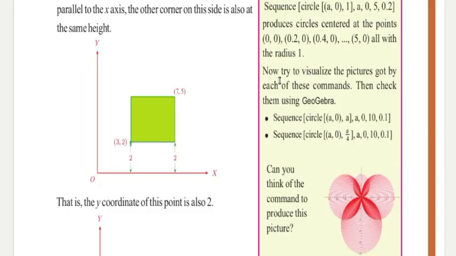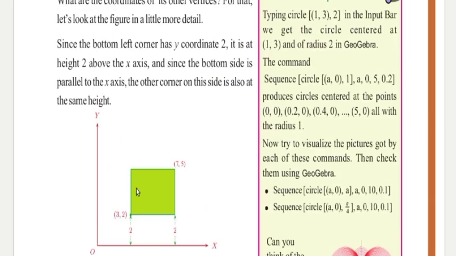In this session we are going to find the coordinates of the vertices of a rectangle if the coordinates of two opposite vertices are given. See, here we have a picture. In this picture we can see a rectangle, and the coordinates of one of the vertices is (3, 2).